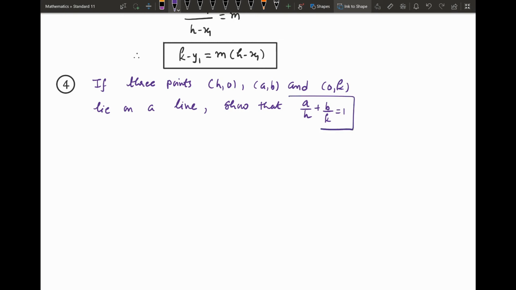So we have to prove a by h plus b by k equals 1. We are given that these three points lie on a line, so that means these three points are collinear.